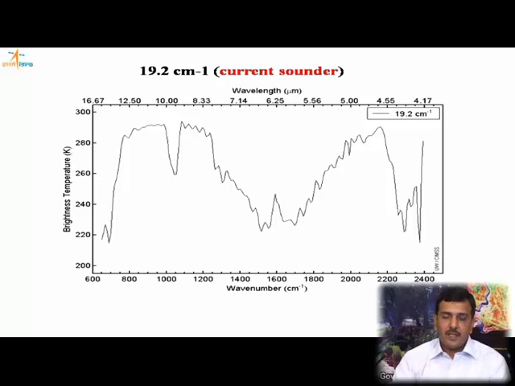So you can only broadly specify that this is a strong absorption band, weak absorption, and no absorption here. This is absorption due to ozone, and this is an absorption band due to water vapor. So this will provide much lower information than the hyperspectral sounder, and we will get less information on the temperature profile and humidity profile in the atmosphere.